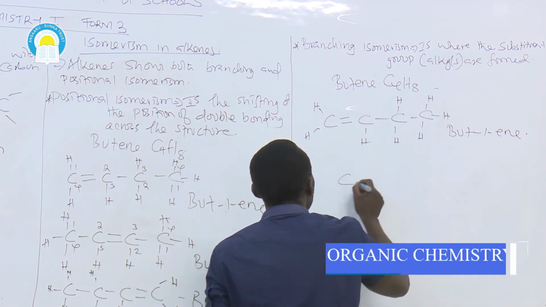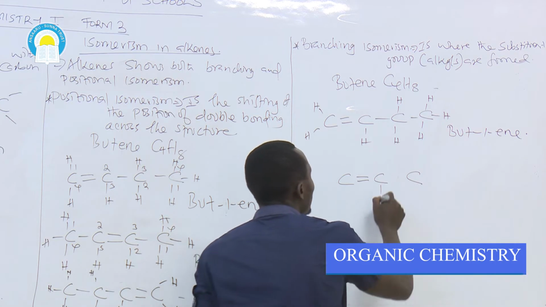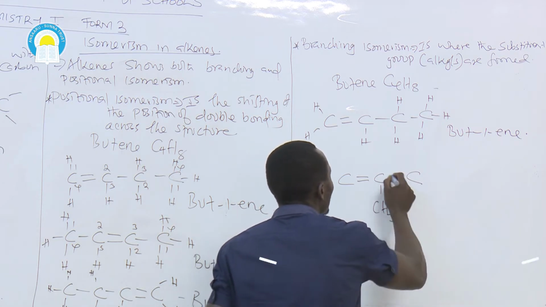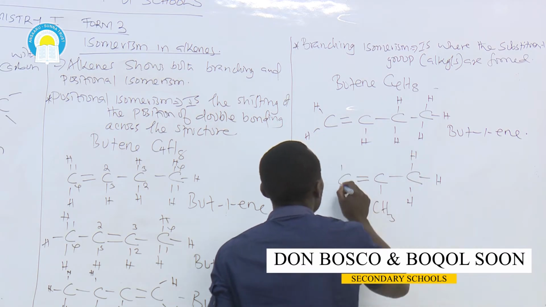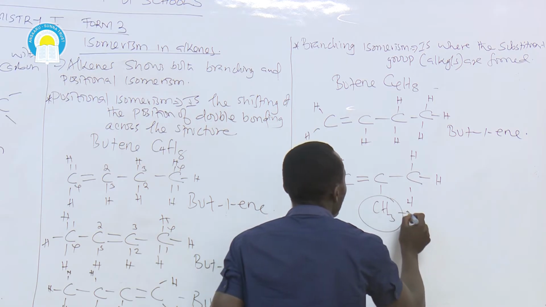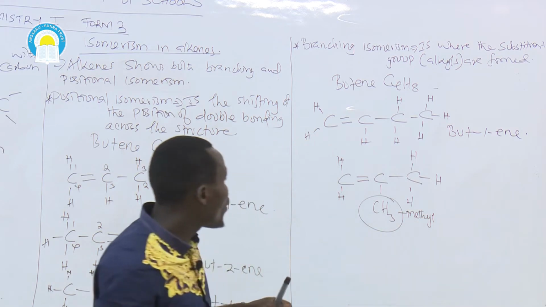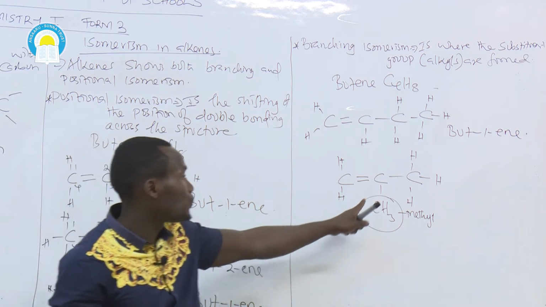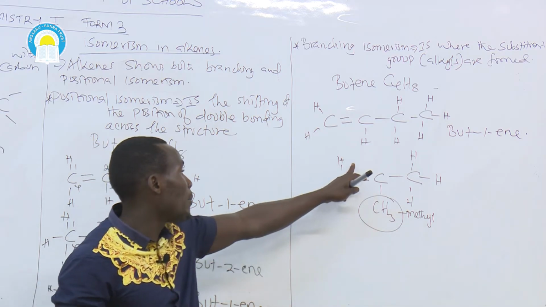And now we have our straight chain having that one there. We put now the methyl at that position. Then we have hydrogens there. Now this one here forms a methyl. The methyl is found on carbon number 2, and the position of the double bond is on carbon number 1.